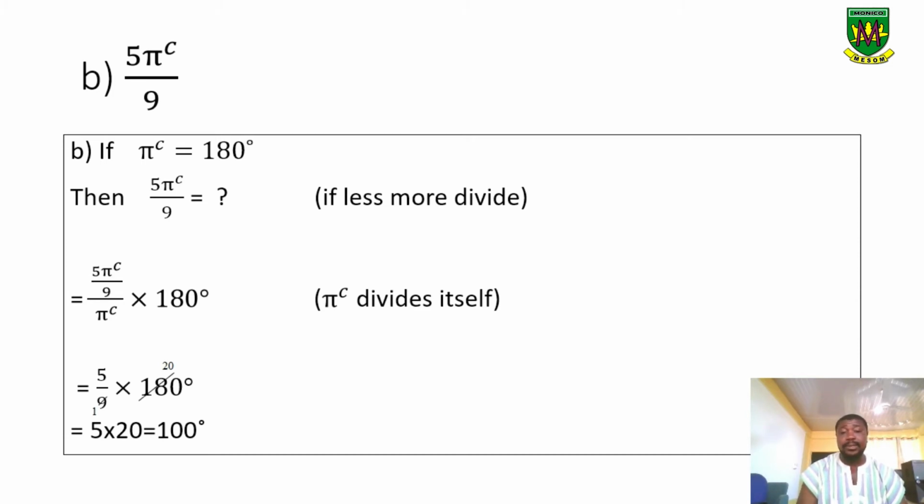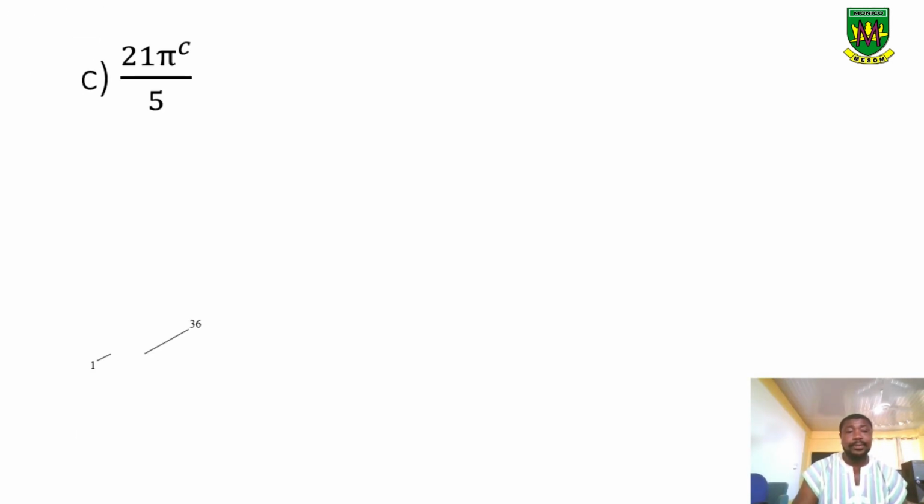Therefore, if less, more, divide. This will also give us 5/9 pi radians over pi radian times 180 degrees. The pi radians will take care of themselves, and it will be left with 5/9 times 180 degrees. 9 will go into itself 1, and into 180, 20. Therefore, 5 times 20 will give us 100 degrees.